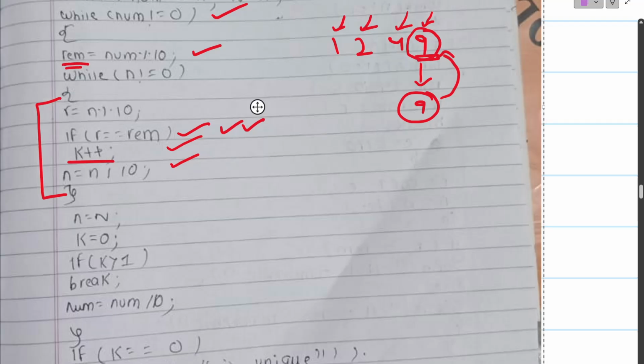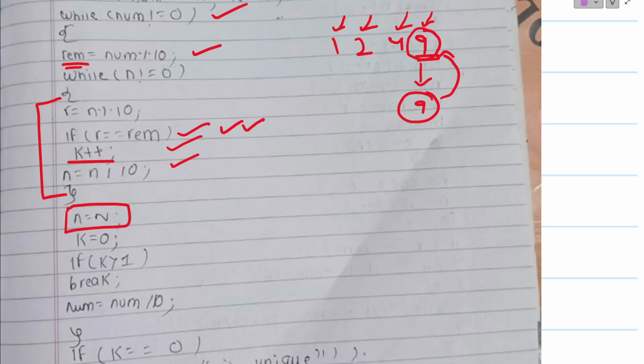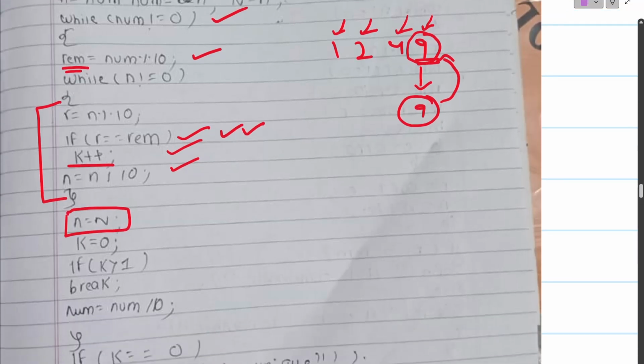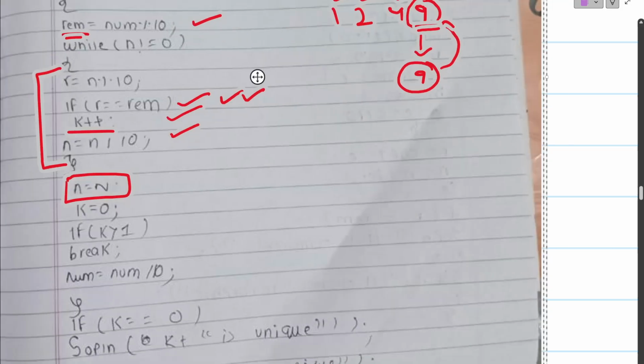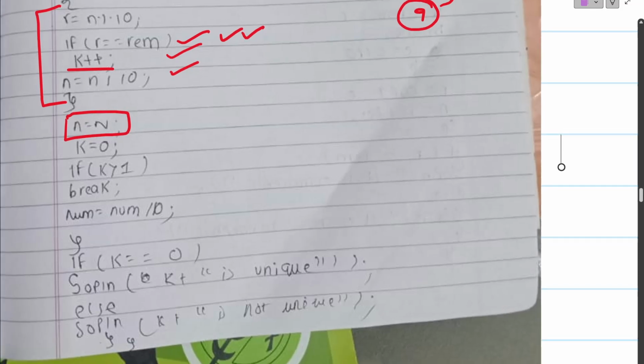The number n is equal to uppercase N, so yes, n is storing the original number. But here k is equal to 0, then k is checked. I think it's incorrect. First you have to check whether your k is greater than 1 or not. If your k is found to be greater than 1, then what you need to do? You need to break.